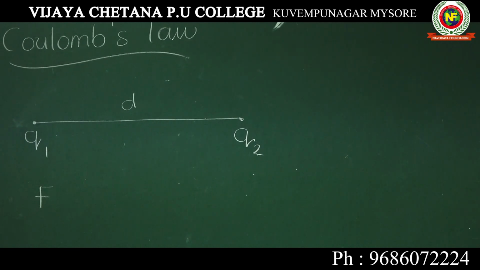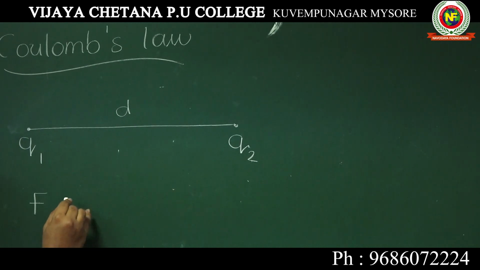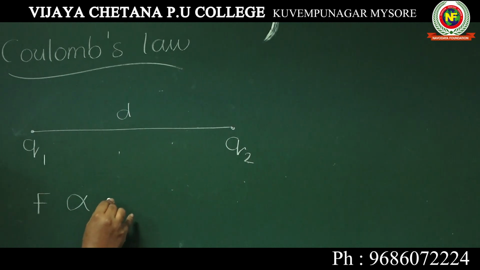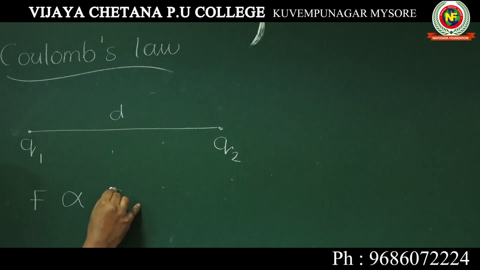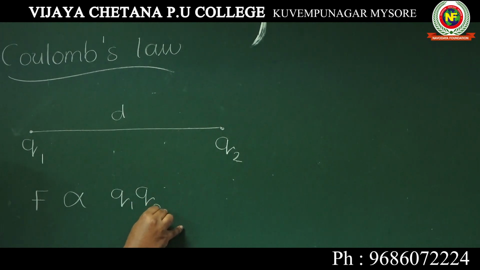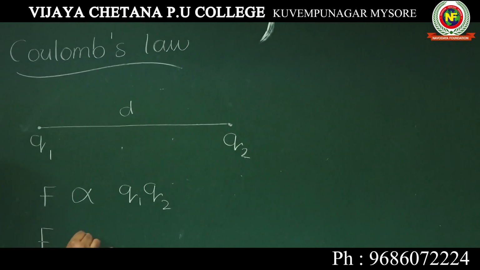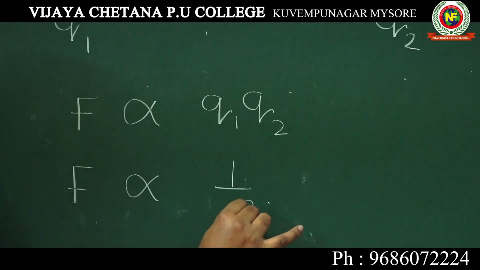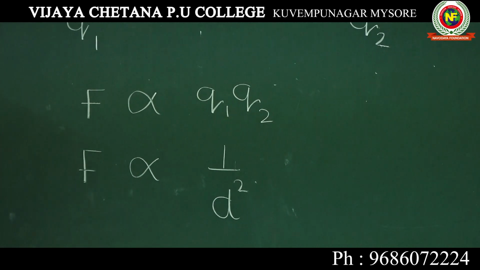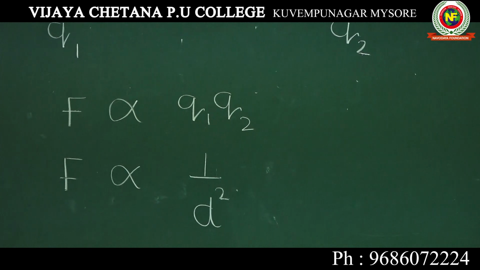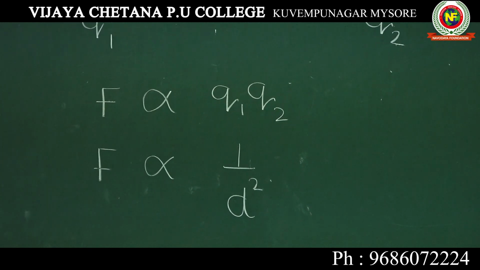How much force is there? If you want to measure that, Coulomb gives an observation. According to Coulomb's law, force is directly proportional to the product of charges, and the same force is inversely proportional to the square of the distance of separation. It is based on the torsion pendulum experiment done by him.